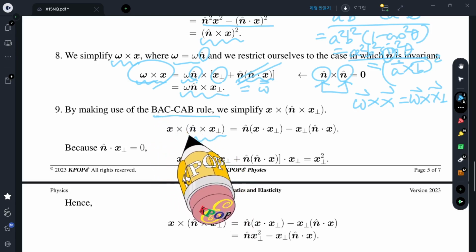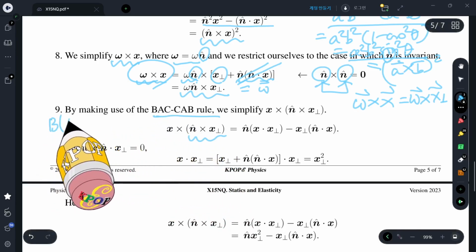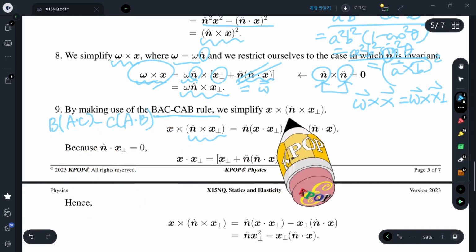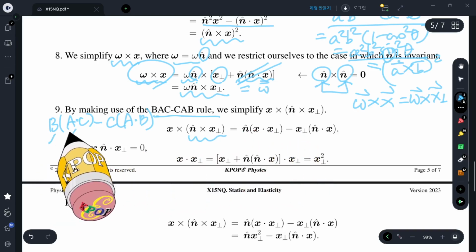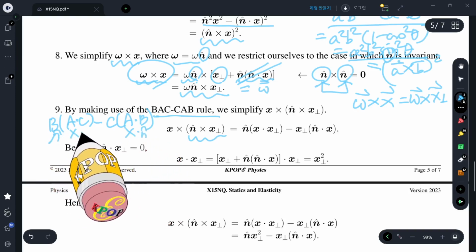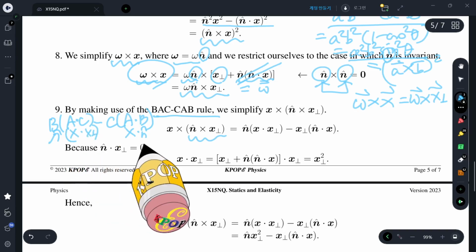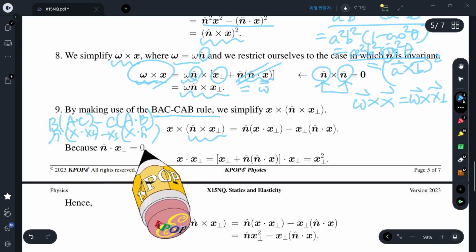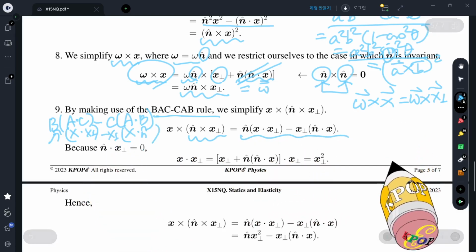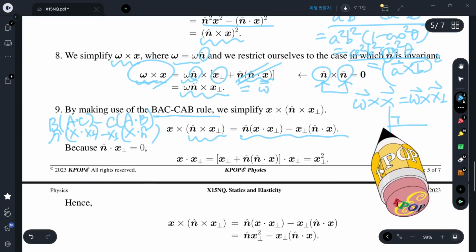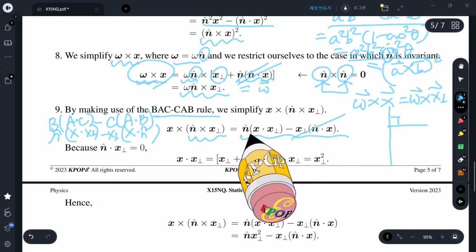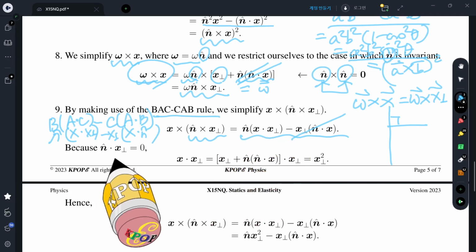So this BAC-CAB rule can be applied: B(A dot C) minus C(A dot B). Here n hat dot x perp, they are perpendicular to each other, so I can ignore n hat dot x perp.